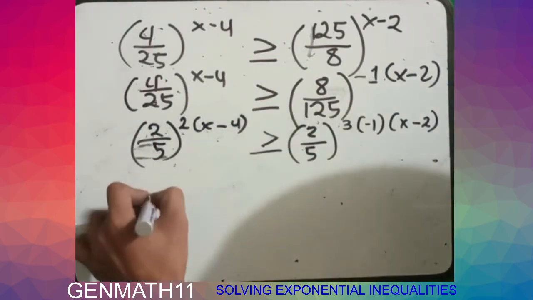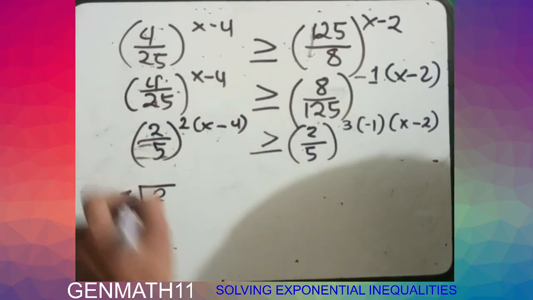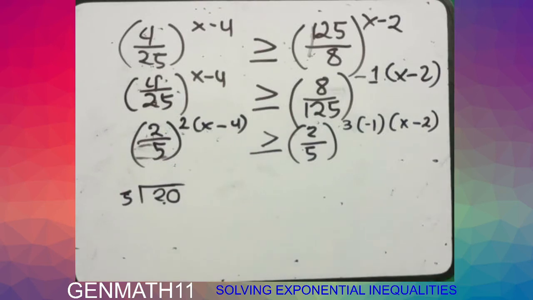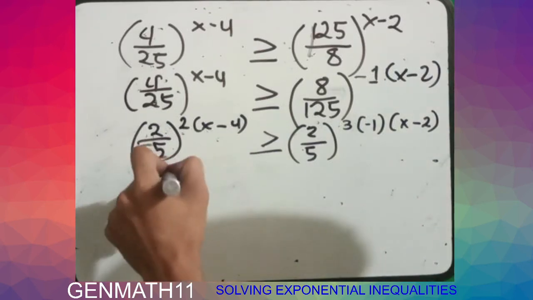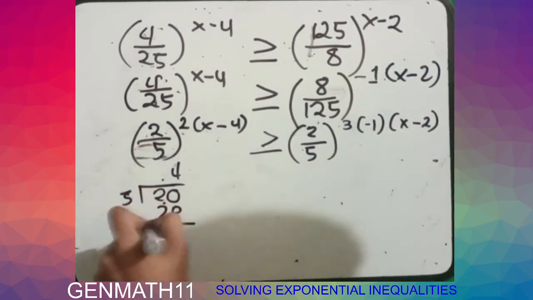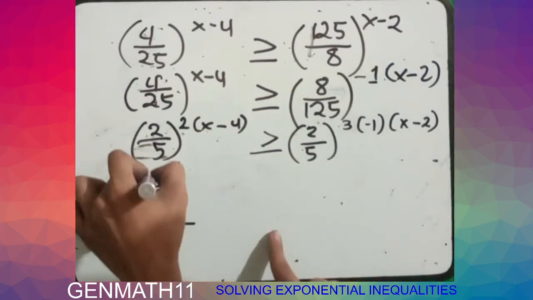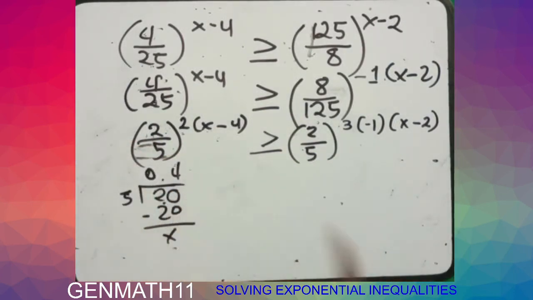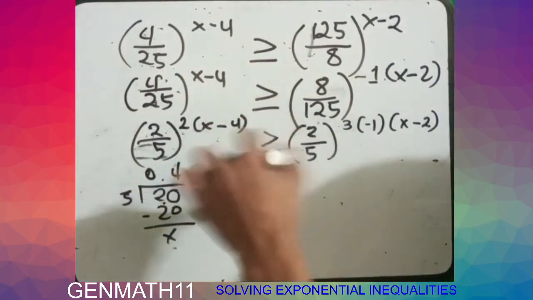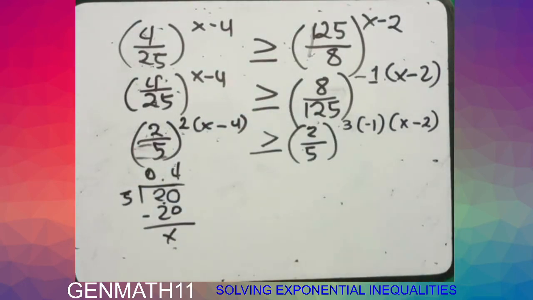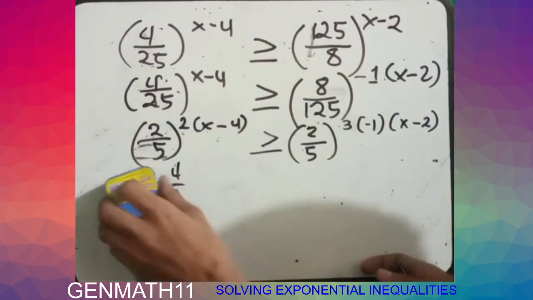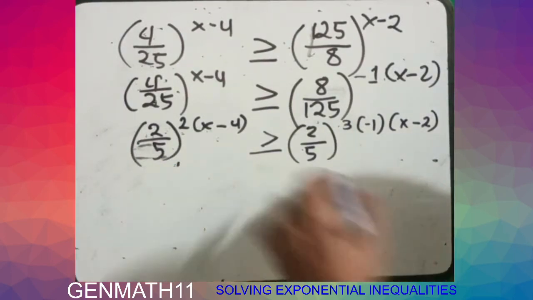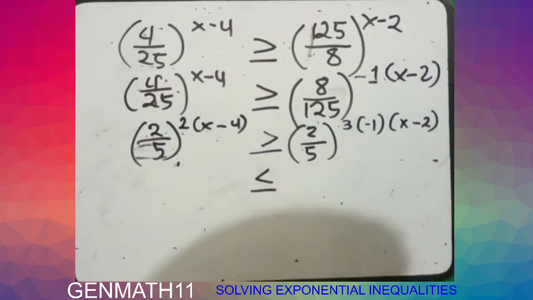So, try natin. 2 divided by 5, lagyan ko ng 0, kasi ganyan pa nag-divide. So, 20 divided by 5 is 4. So, 0.4. So, si 0.4 is less than 1. So, ibig sabihin, yung ating inequality symbol ay magbabago ng direction. So, babaguhin natin. Maging less than na siya, or equal to.